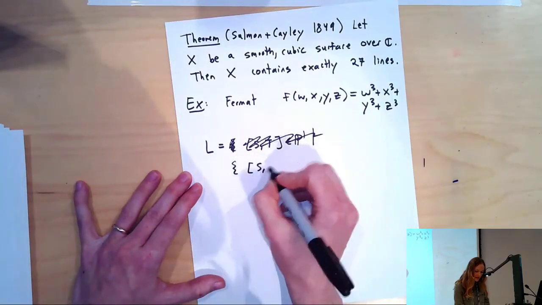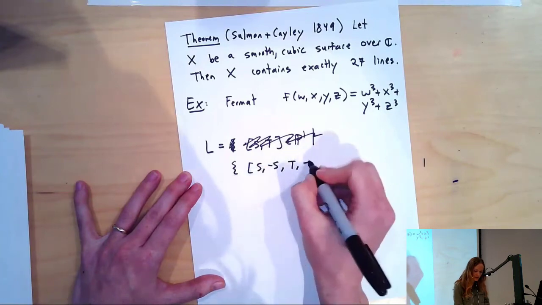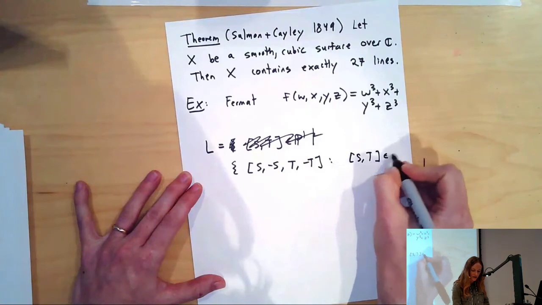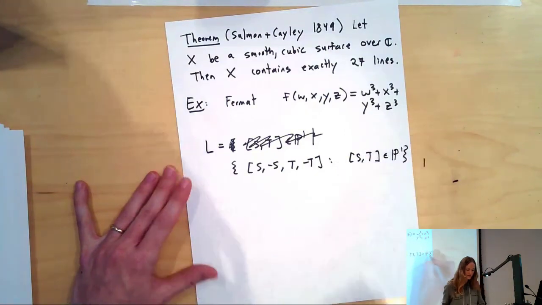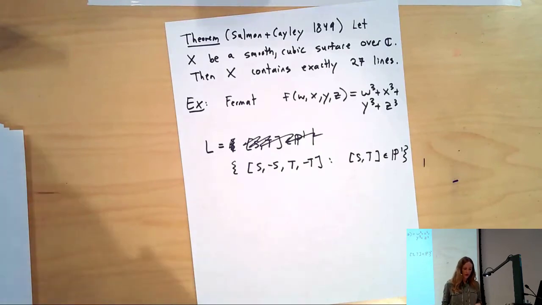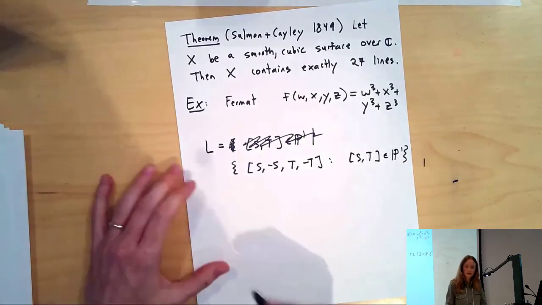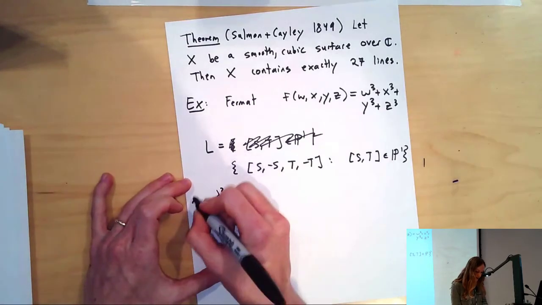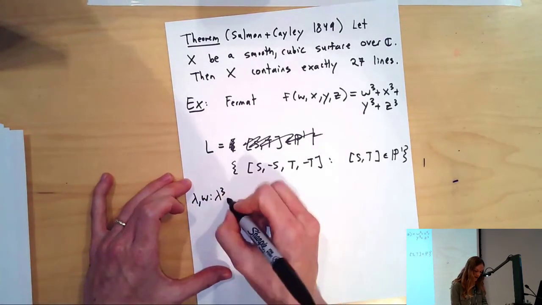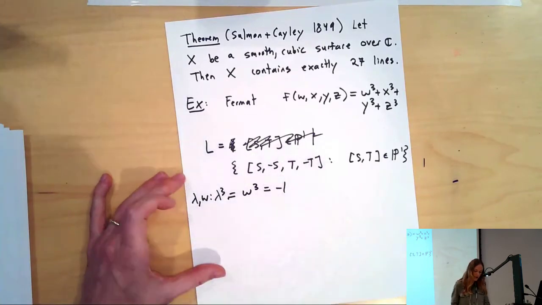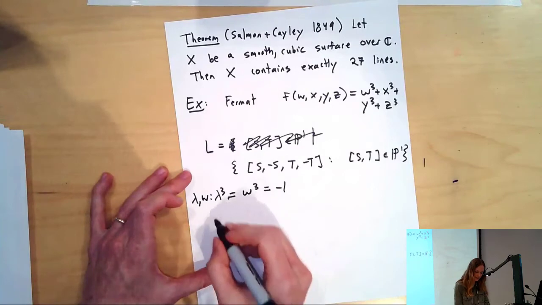The line could be S, minus S, T, minus T. And this is for any S, T in P1. And the same trick will work if we chose a different cube root of minus 1. So we could take lambda and omega, such that lambda cubed equals omega cubed is minus 1, and we get more lines.